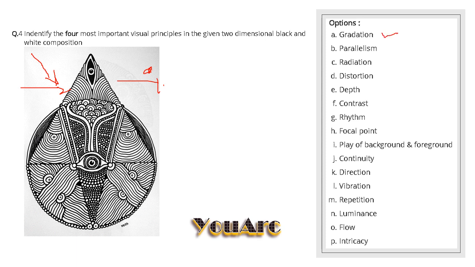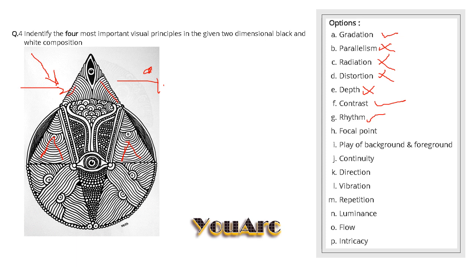Parallelism is not there. Radiation is not there. Distortion is not there. Depth is not there. Contrast is there. I have minor rhythm, I feel here. Some elements are kept repeating in a rhythmic way. So I feel some repetition or rhythm is happening here, repeated at different intervals.